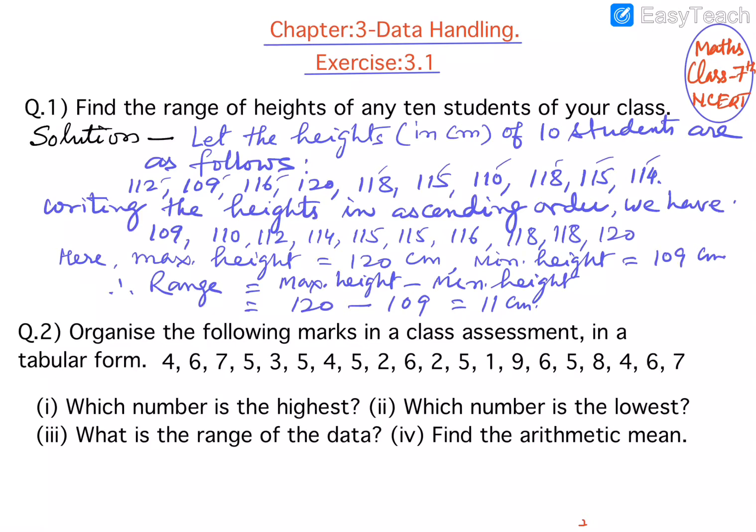Starting from question number 1, it says that find the range of the heights of any 10 students of your class. Here, this is an activity where we have to take heights of any 10 students of your class.